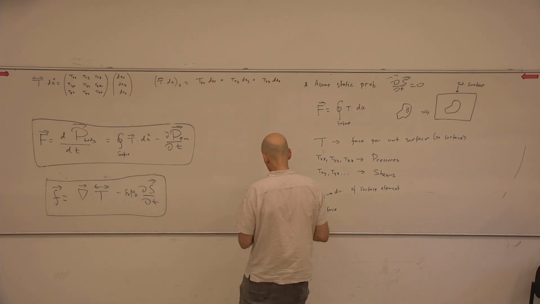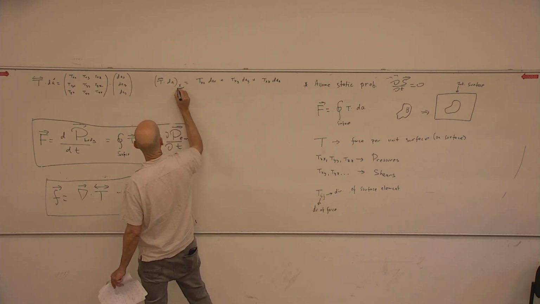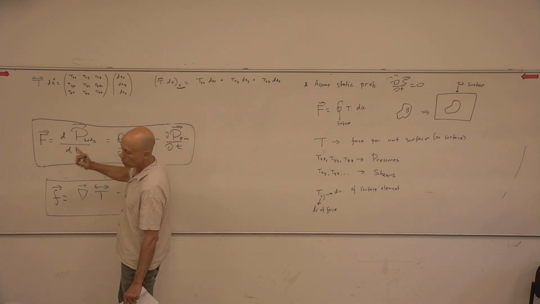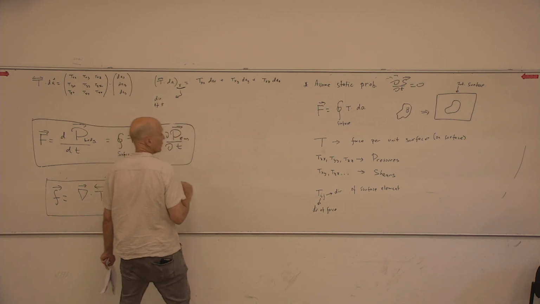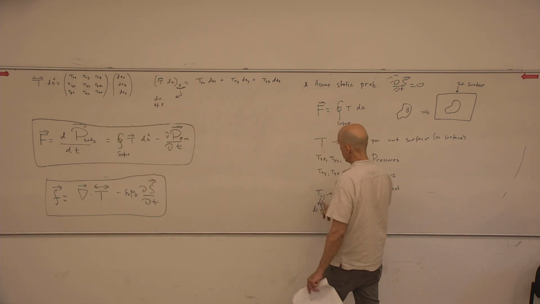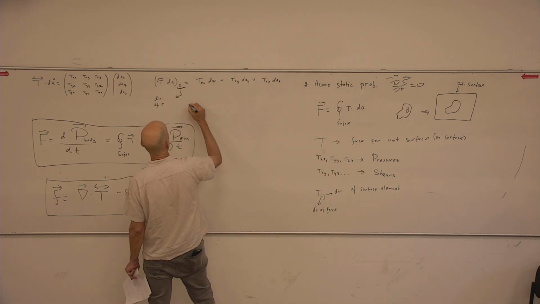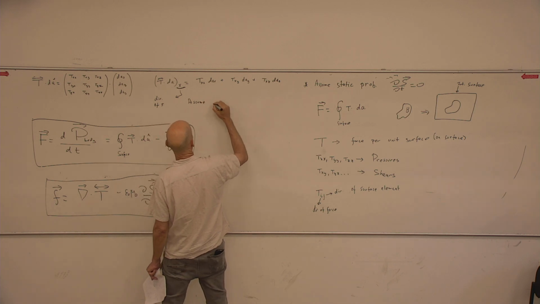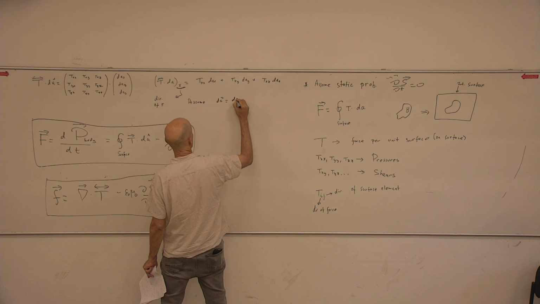Okay, so now what is this x here? What is this symbol x? It gives you the component of F, the component in x. This is the direction of F, which I said before: the direction of the force is the first index. So let us assume dA is dAx.